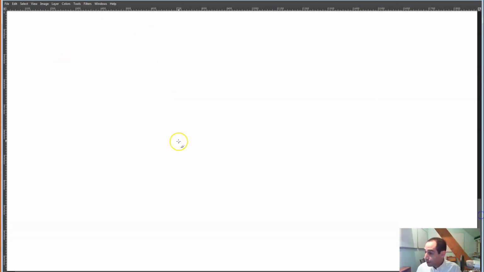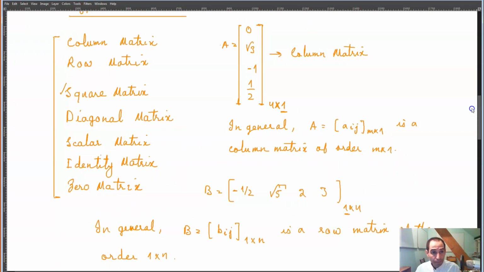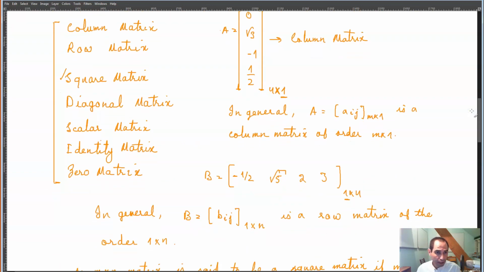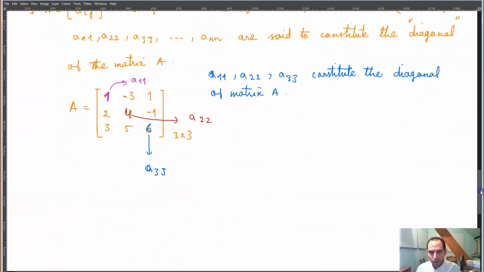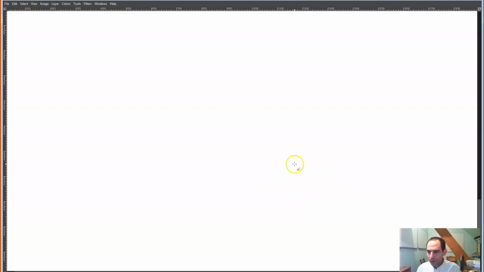Now, the next matrix that we have is a diagonal matrix. So a diagonal matrix, first of all, I think it has to be a square matrix, otherwise it's just not possible.